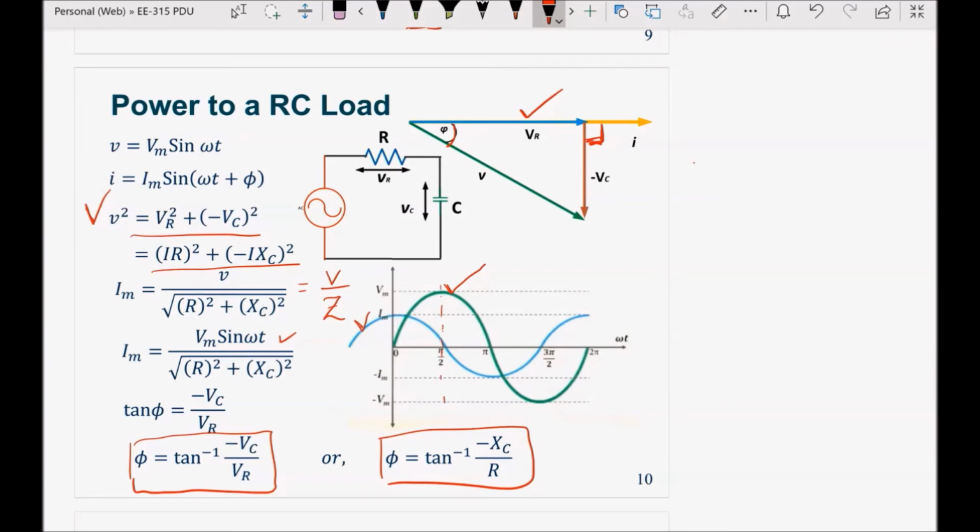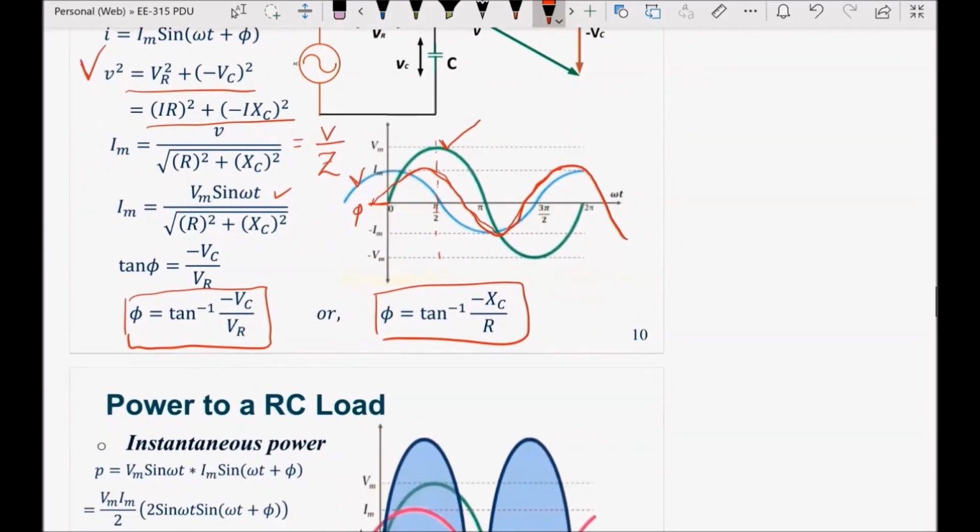But in the case when we have an RC load, this waveform, the one in blue, will slightly move back, somewhere here, more like this. And this angle is going to be phi. So this is going to be the current in the case when we have an RC load. Okay.